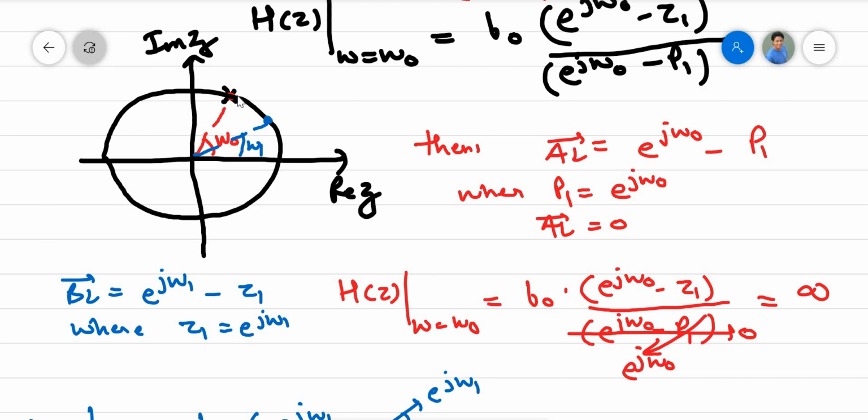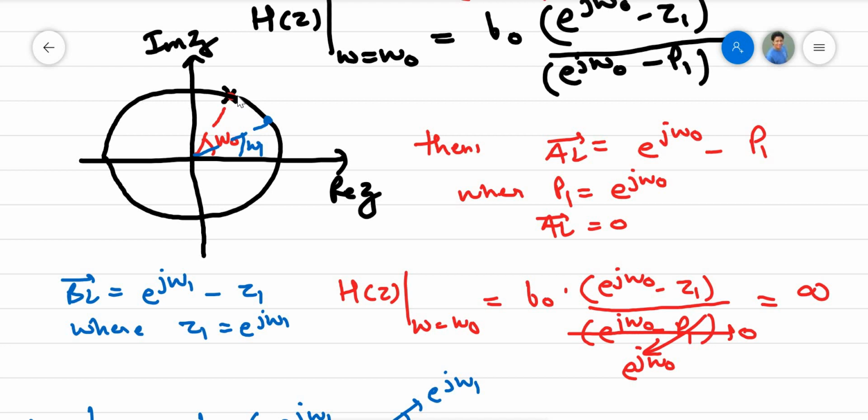So to make a filter, the importance of pole-zero configuration is very high. When we want to improve the response of our system at a particular frequency, we allow poles to be near the unit circle for that respective frequency.